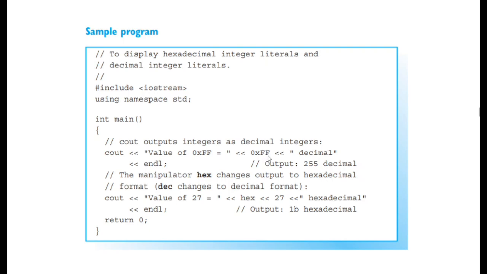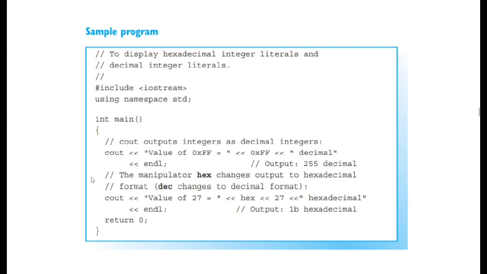This is why we call it a hexadecimal integer literal. And then we have decimal, but the output that you get is 255. We put in the hexadecimal, which the program knows holds a value of 255 in decimal, and that's why it gets output. By default, cout is going to output in decimal.